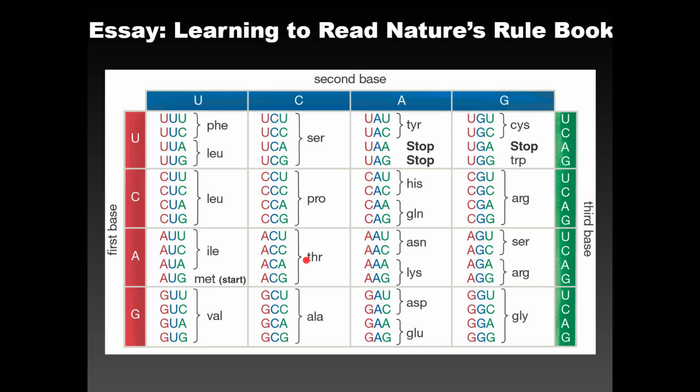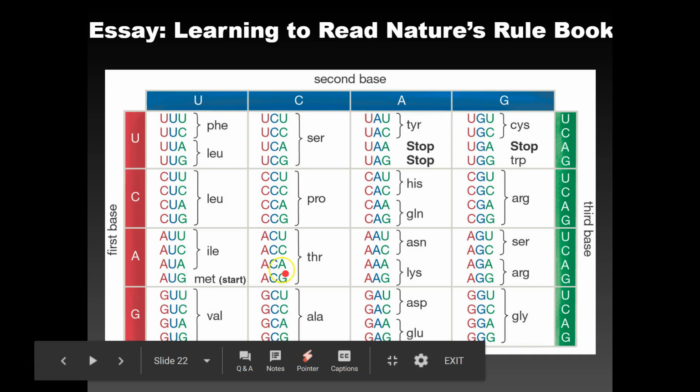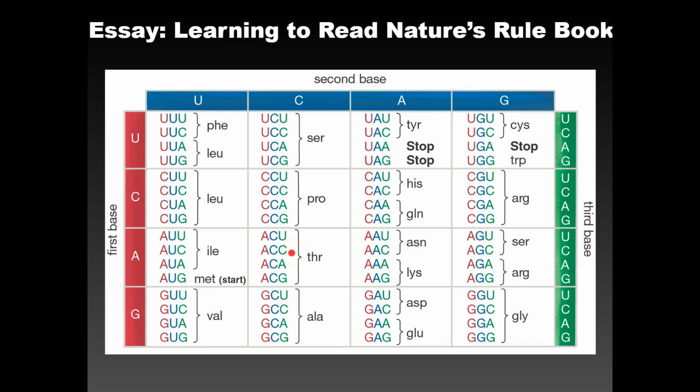These are those silent mutations I was talking about in one of the previous lectures. These are silent mutations. They didn't change anything at all. So even though ACG and ACC are different DNA codes, they're still specifying the exact same amino acid, which is a big deal.